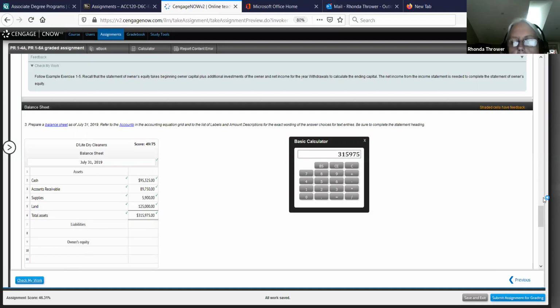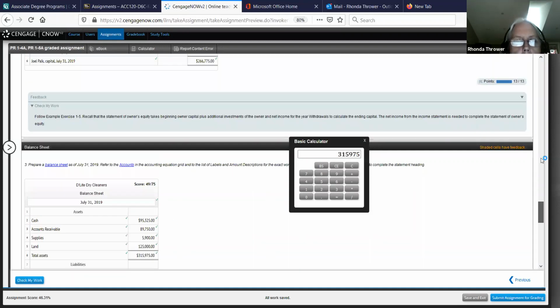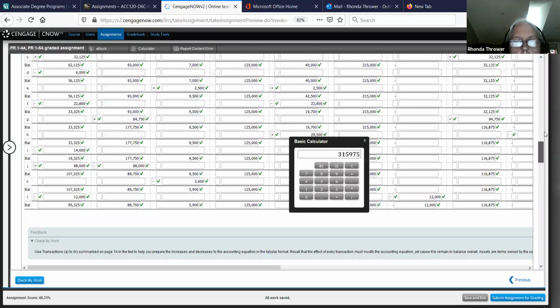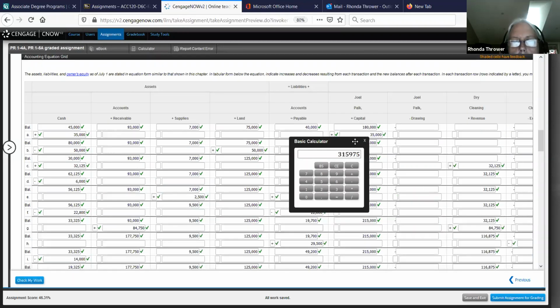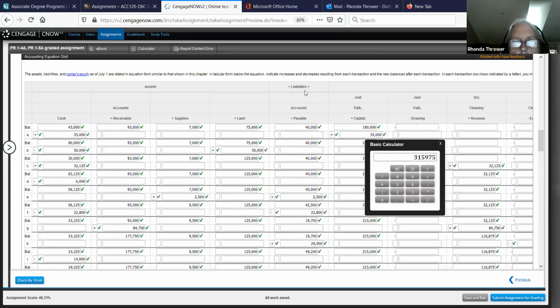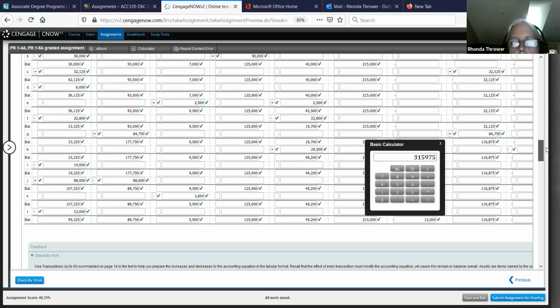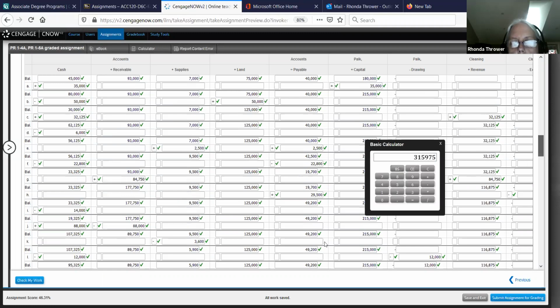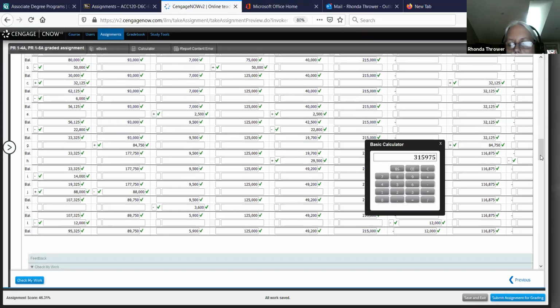My next thing that's going to happen is I'm going to write down my liabilities. The only liability that we have is accounts payable. The accounts payable balance was $49,200 at the end of the time period.